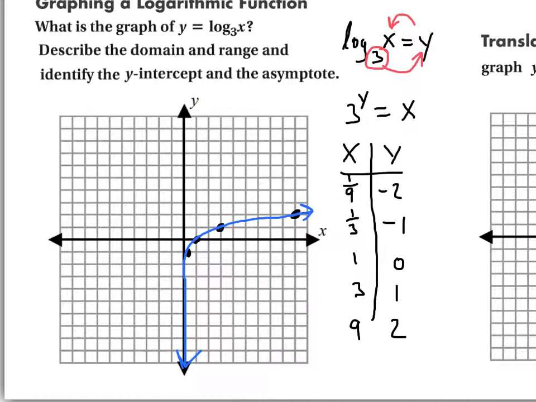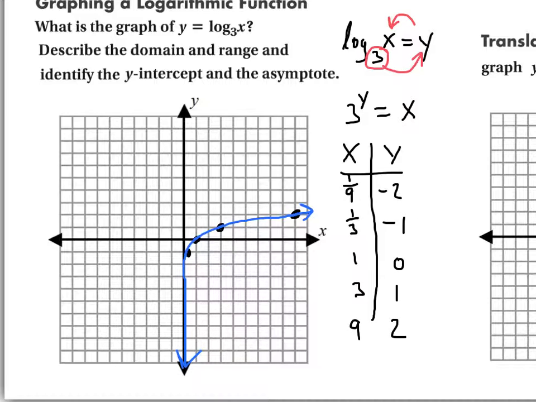Can it equal 0? No, it can't equal 0, but it can be 0.0001. It can be a number just a little bit bigger than 0, right? So the x domain is basically all numbers greater than 0.